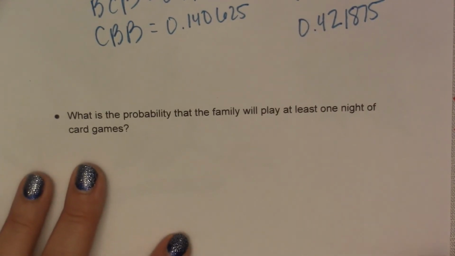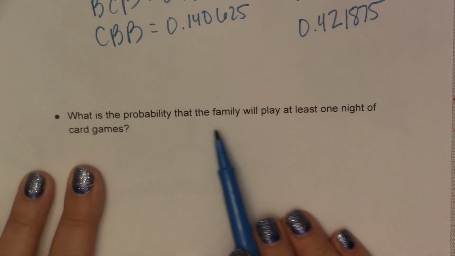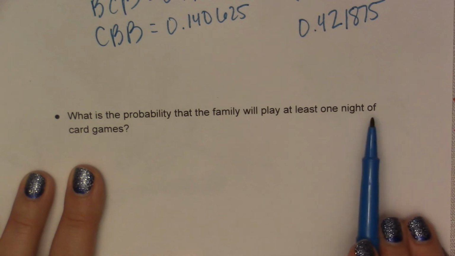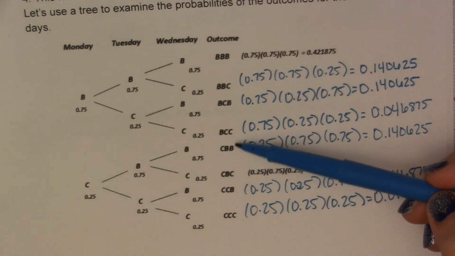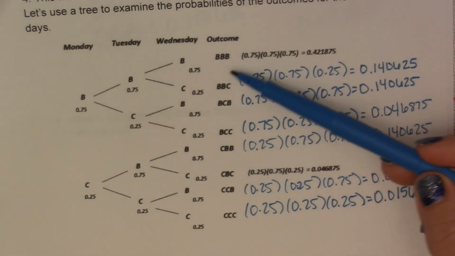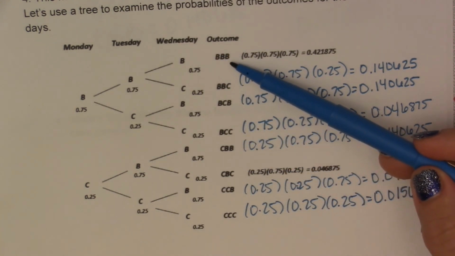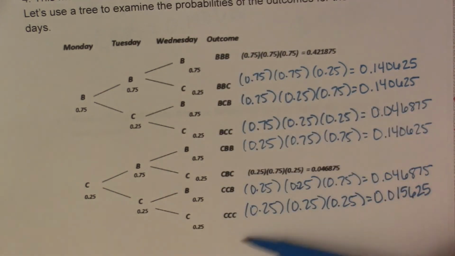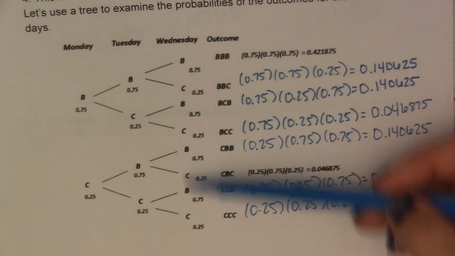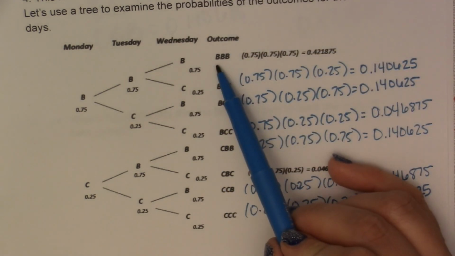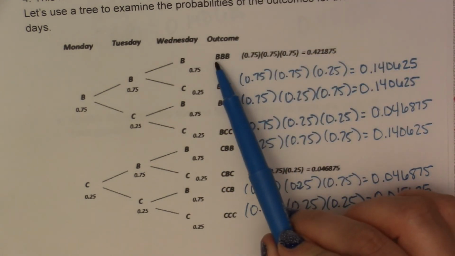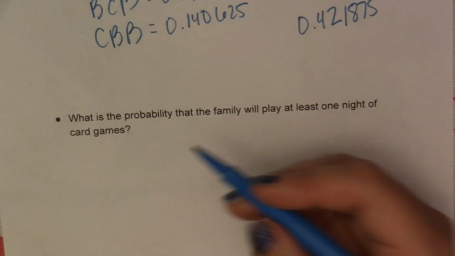Okay. And our last question, what is the probability that the family will play at least one night of card games? If we look at our outcome list, every outcome has at least one card game except for this very top one, which was board game, board game, board game. If we had all of these probabilities added together, that would be 100% of our probability. So we could take 100 and subtract out this probability of board game, board game, board game.